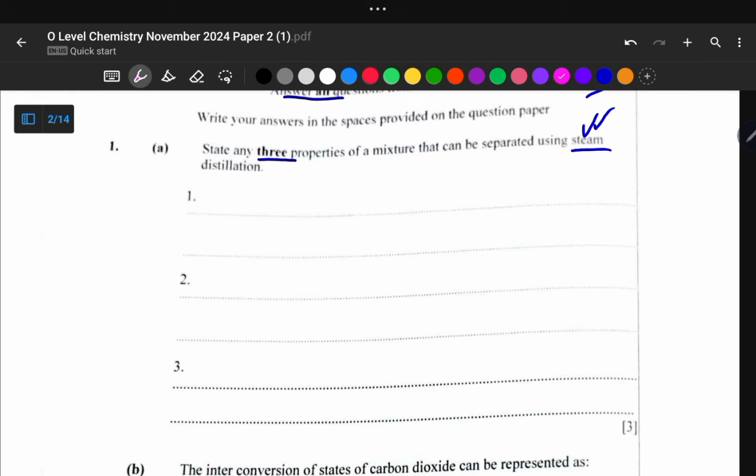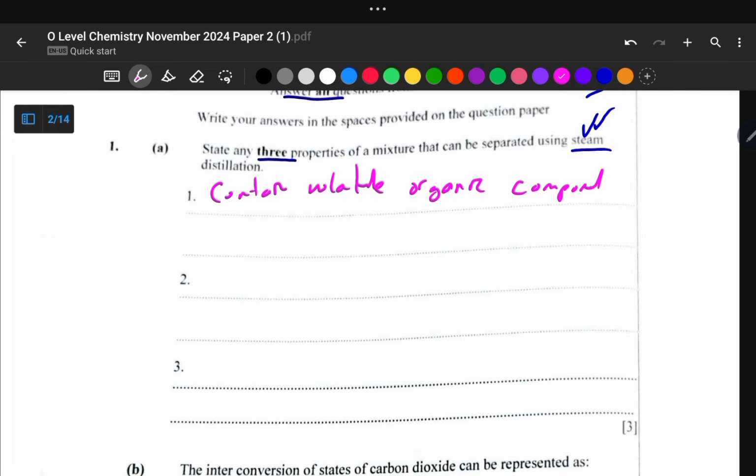So first, the mixture must contain volatile organic compounds, right? So volatility, to separate compounds that can evaporate easily when mixed with steam, right?